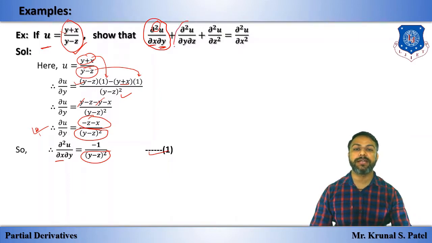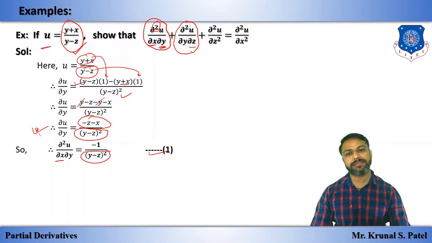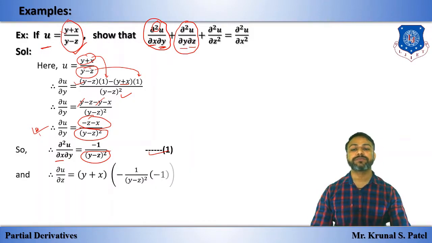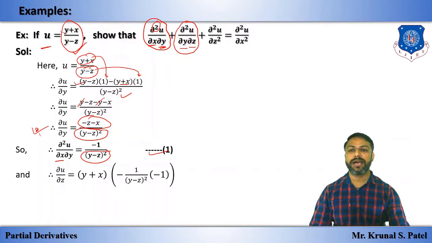In a similar way we find del square u by del z del y. At that time first we will differentiate with respect to z, and whatever the answer, we differentiate that answer with respect to y again. So now take a look at u.